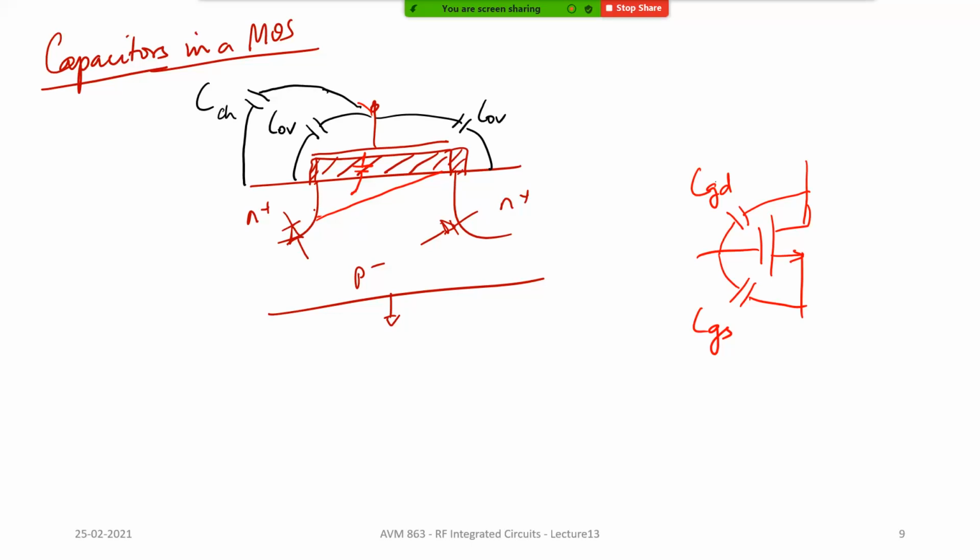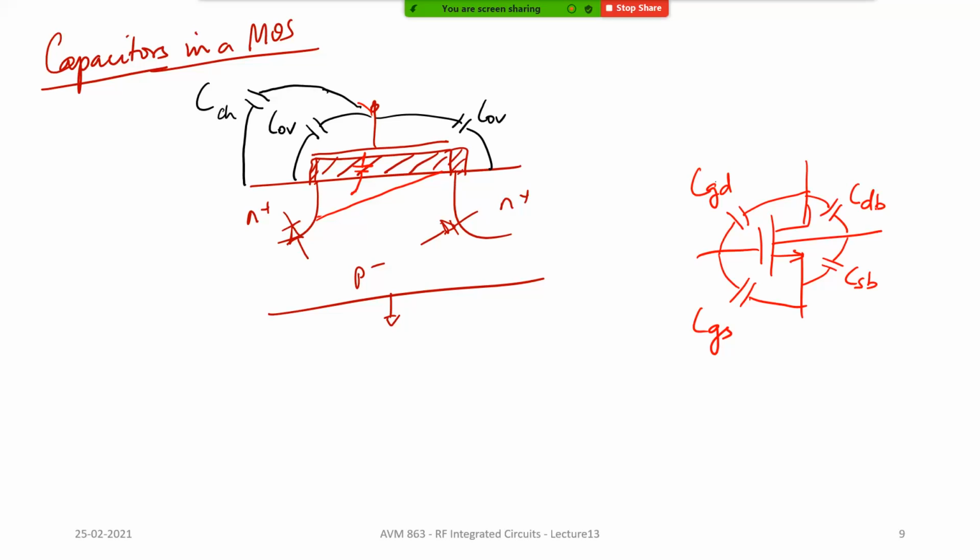These two diodes are reverse biased. Any reverse biased diode will have junction capacitance, and therefore, if this is your bulk terminal of your MOSFET, you will have source to bulk capacitance and drain to bulk capacitance. So all these different capacitances are there in your circuit.